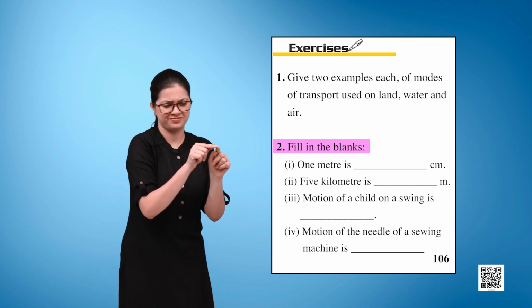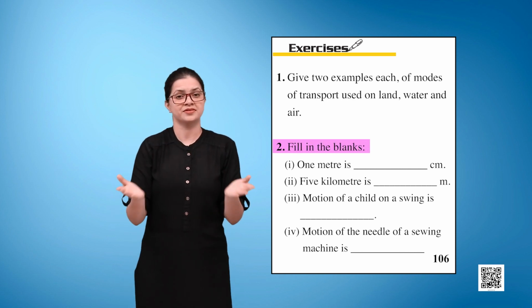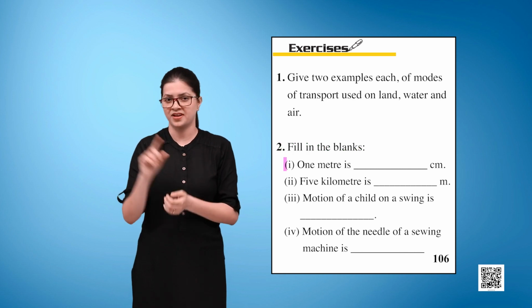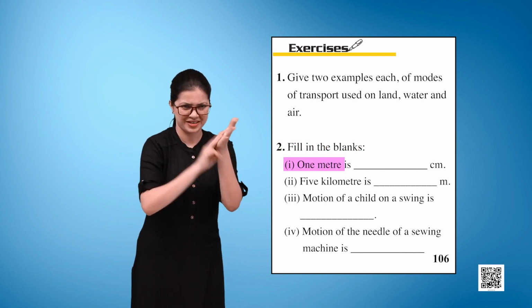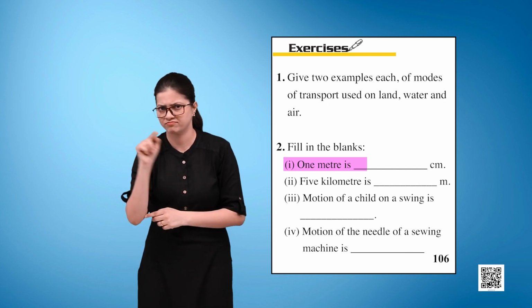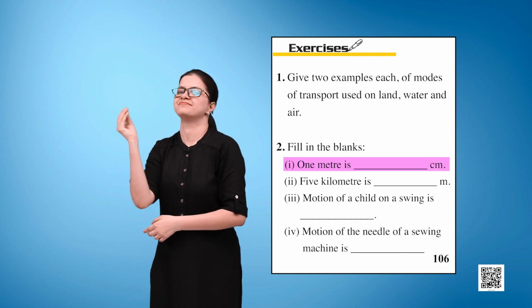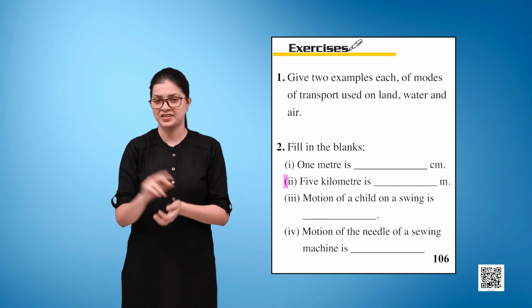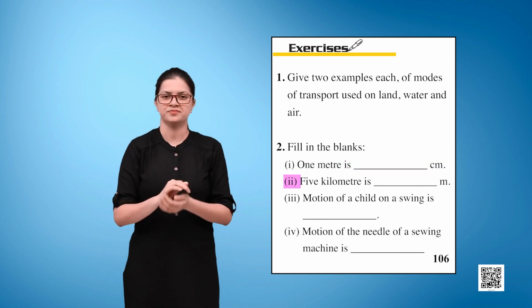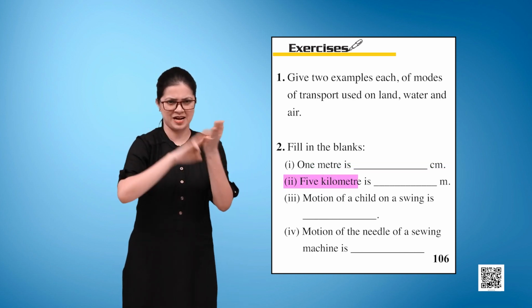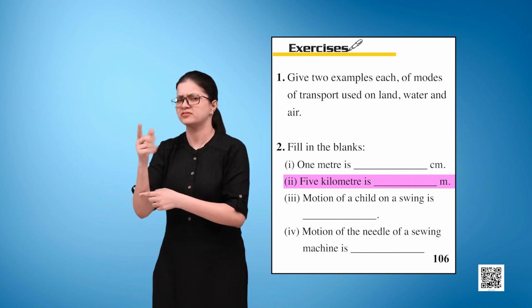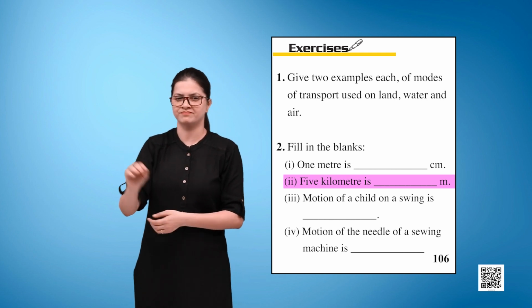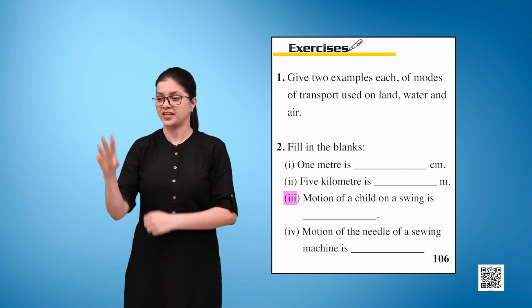Fill in the blanks. 1. 1 meter is blank centimeter. 2. 5 kilometer is blank meter. 3.